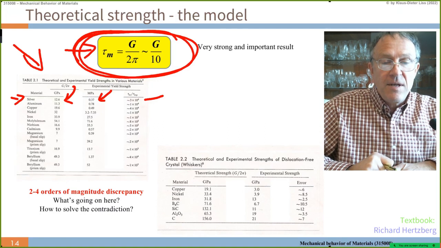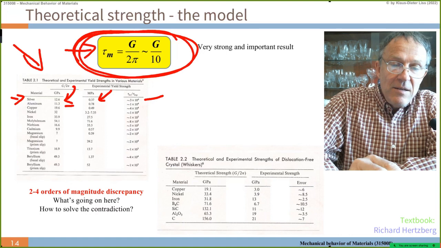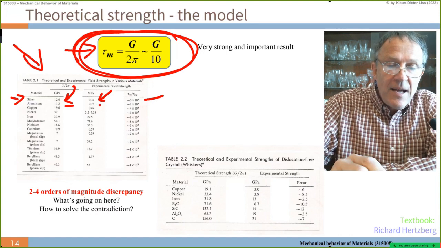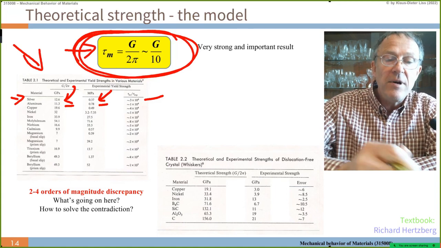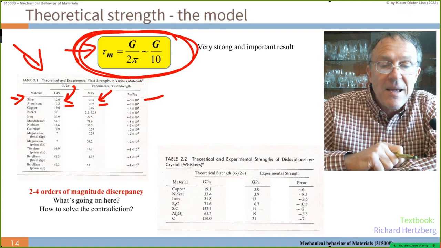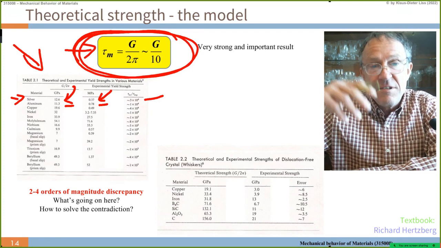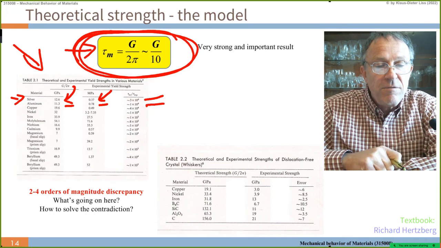Then you go for aluminium. Aluminium, you estimate 11.3 gigapascal and you measure 0.78 megapascal. So the one is gigapascal and the other is megapascal. It's also a factor of 1,000 between giga and mega. So together we have a factor of 10 to the 4.